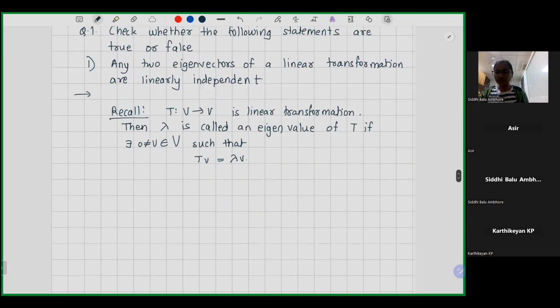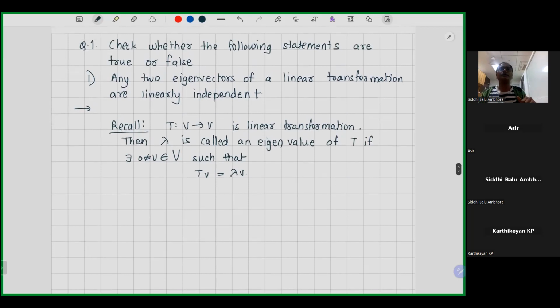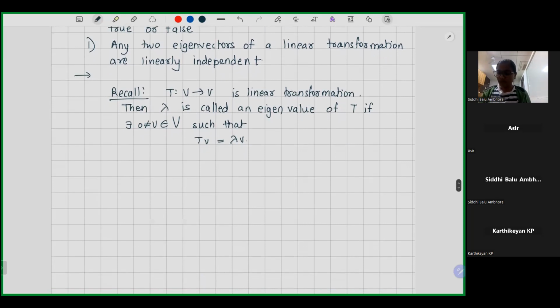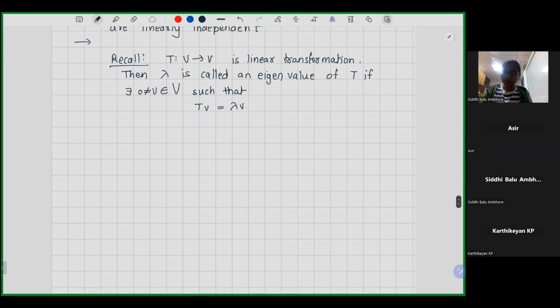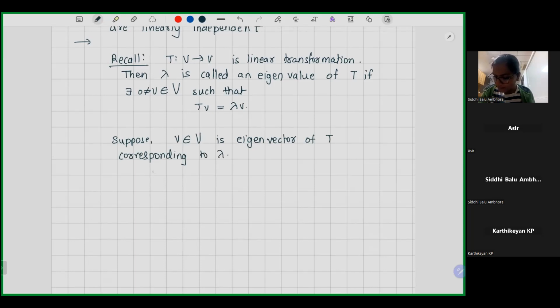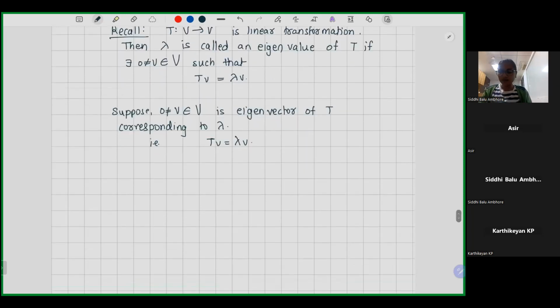One of the guesses is that it is true. So let us see. Note that T is a linear transformation. Suppose v belongs to V is an eigenvector of T corresponding to lambda. That is, we have Tv equal to lambda v and v is non-zero.